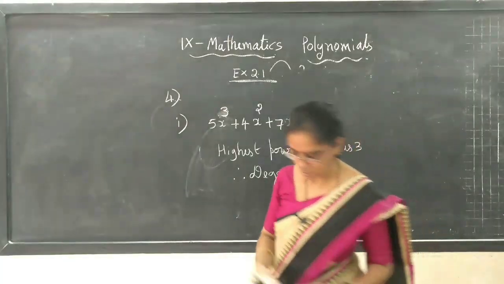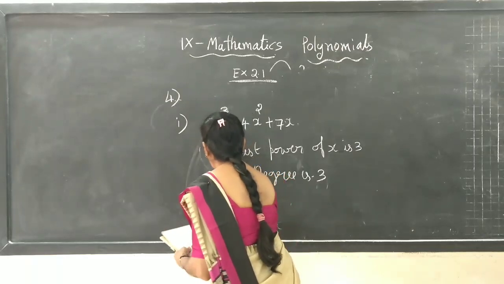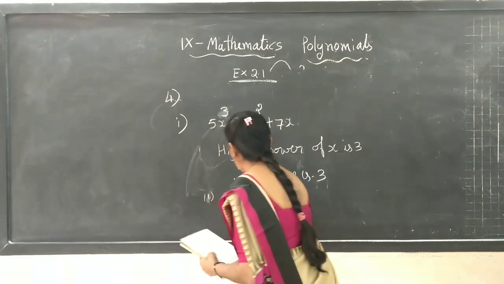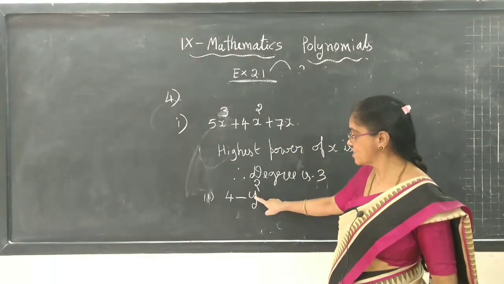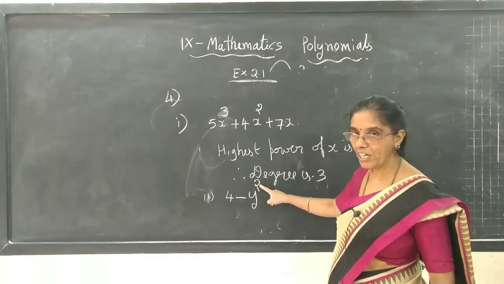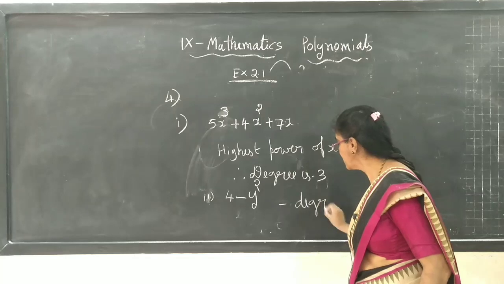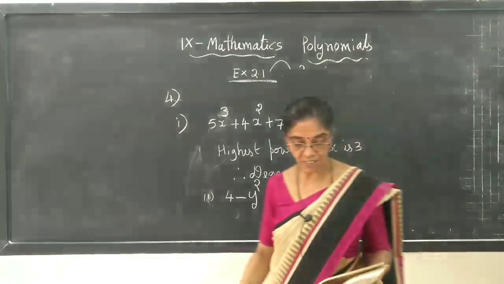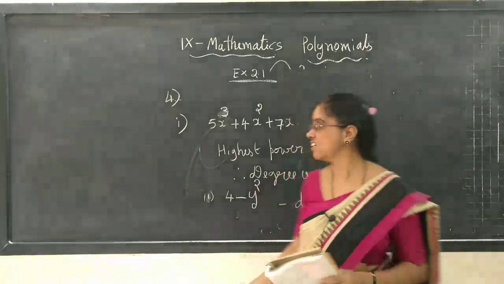Second one, 4 minus y square. Here the variable is y, its highest power is only 2. So the degree is 2. Degree of the variable y is 2. Third one, 5t minus square root 7.